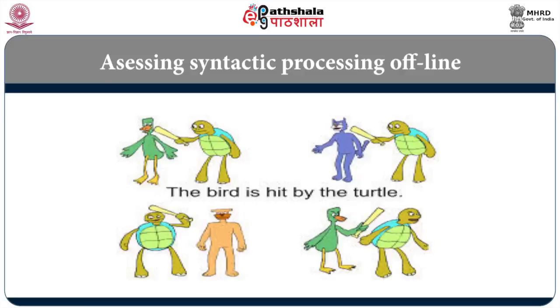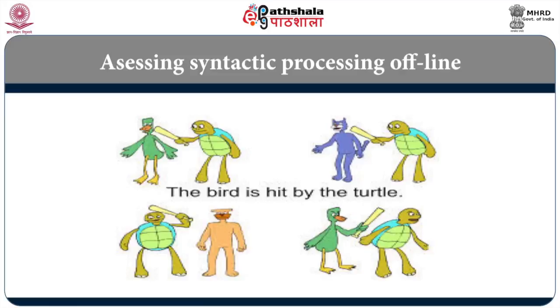So basically in the offline test, you simply ask who's doing the action, who's hitting, and the patient has to say something, and they will note down whether it's correct or not correct. Or they might ask, on whom is the action performed, that is, who's the object, and again you note down only correct or incorrect. That is offline testing, where you pay attention only to accuracy of response.